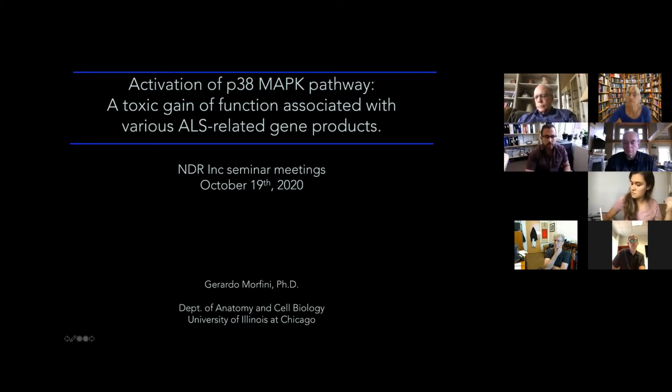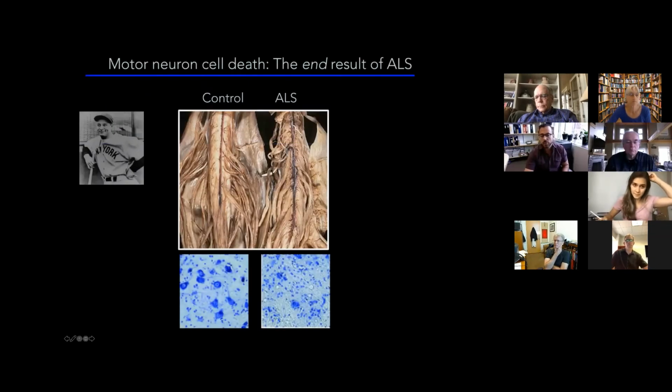As a first slide, I took the freedom to show what has been for many decades the main source of studies for ALS. It came from patients affected by the disease, typically at late stages when biopsies can be obtained.